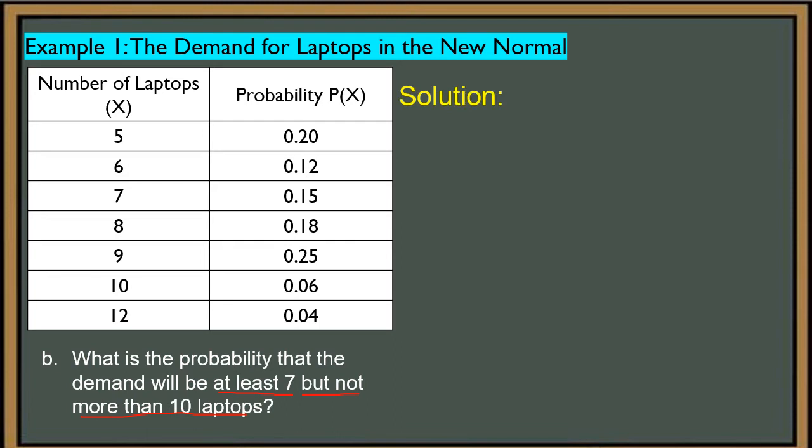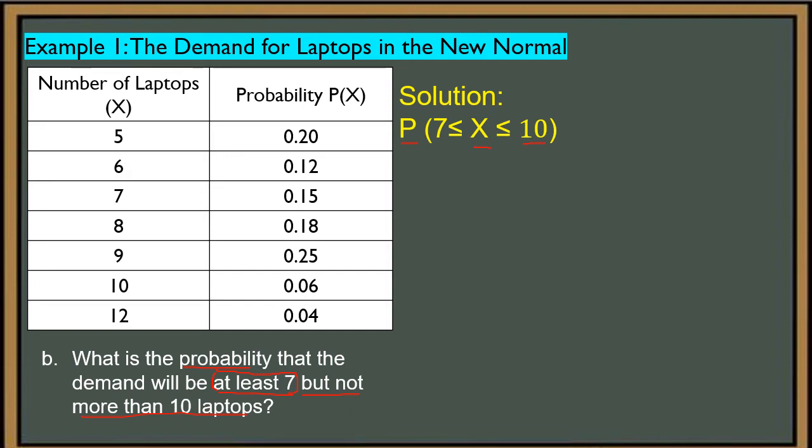Since we are getting the probability, we have the probability of x greater than or equal to 7, because we have the words at least 7, so the lowest number is 7, but not more than 10. So x is greater than or equal to 7, but less than or equal to 10.